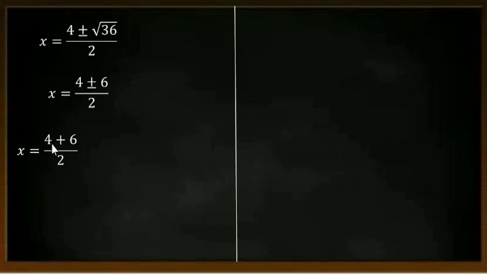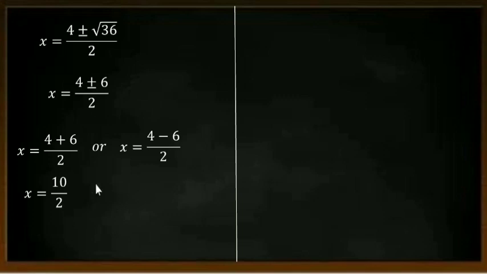So x equals 4 plus 6 over 2. In this case, we have used the positive sign, and we will use the negative sign for the second equation. So this equation has been split into two, separating the positive and the negative signs.